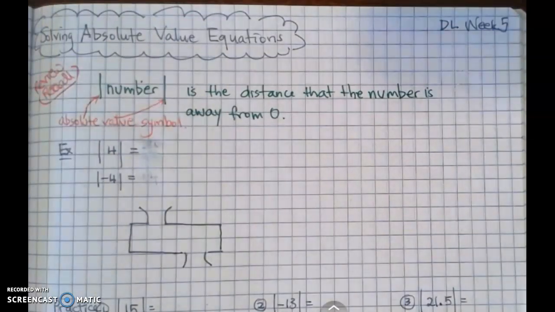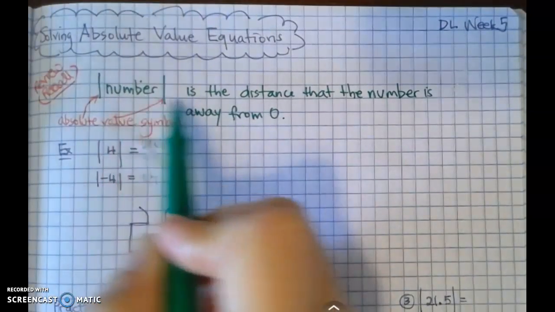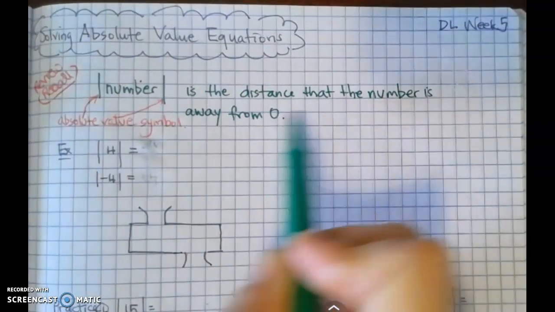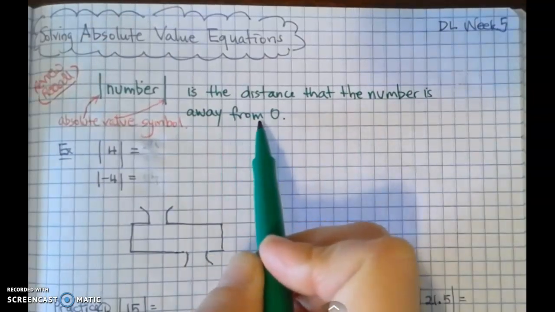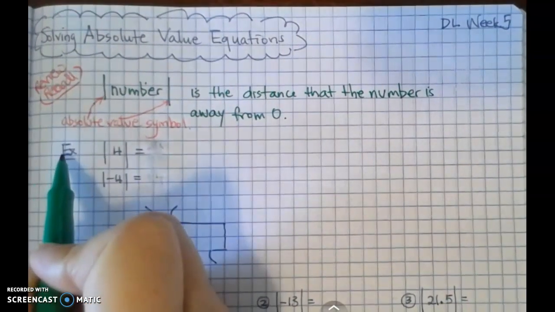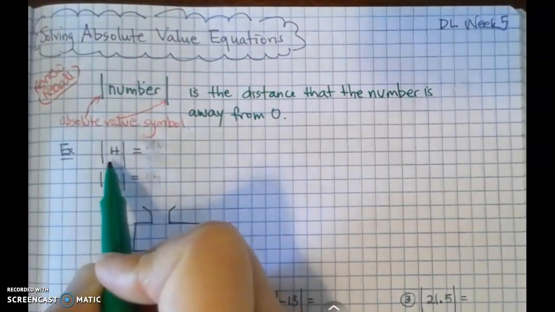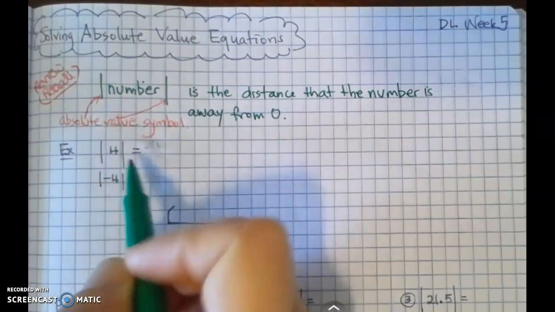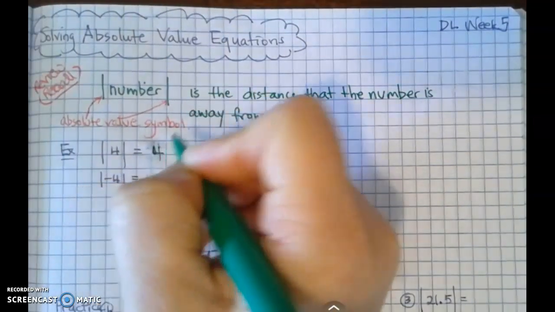So let's go back to taking notes. Just quickly, let's write down what is important. The absolute value of a number is the distance that the number is away from 0. So you should be taking notes at this point. For example, the absolute value of 4 is 4. Why?